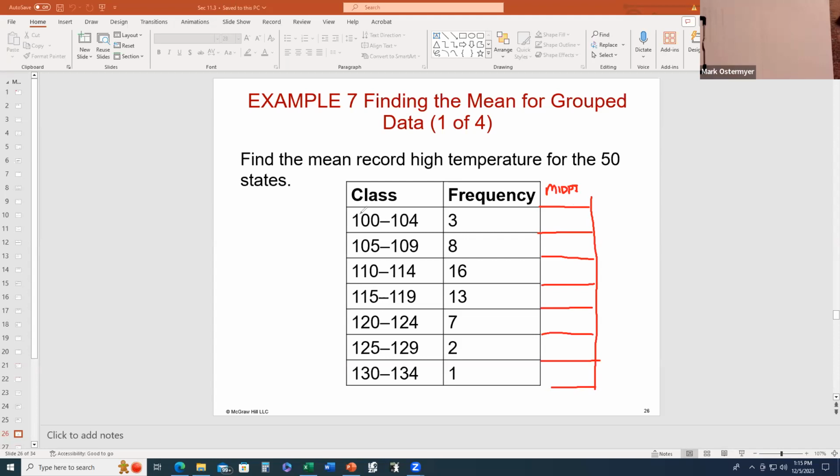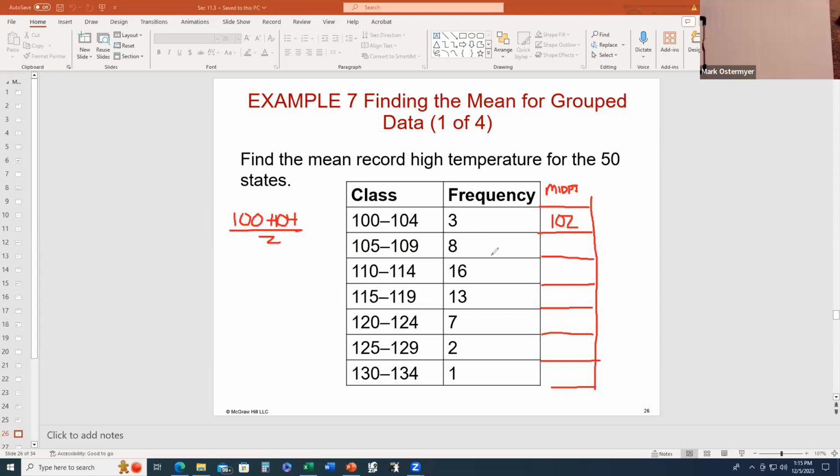You would basically add the 2 endpoints of the class together and then divide by 2. So 102 would be the midpoint of the first class.